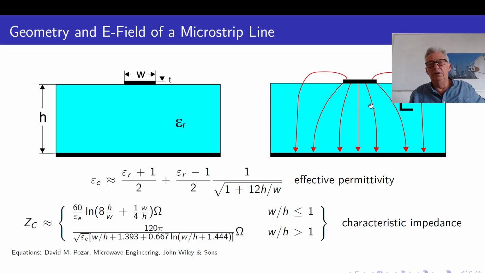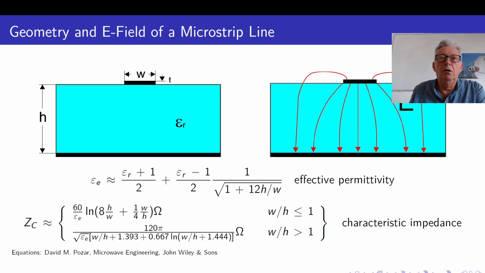Of course, this will have a certain influence on the effective permittivity which the wave propagating on the transmission line will see. So the electrical length or the wavelength of the wave on the transmission line will be calculated using this effective permittivity.